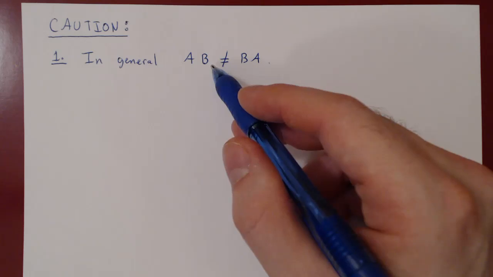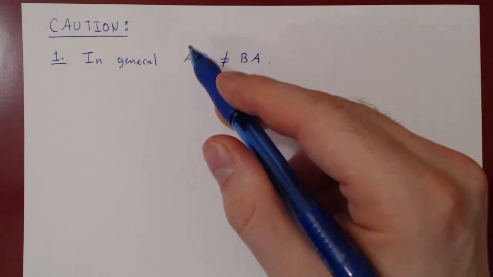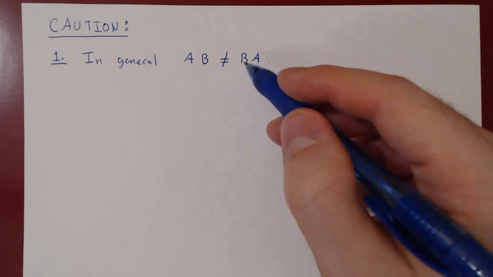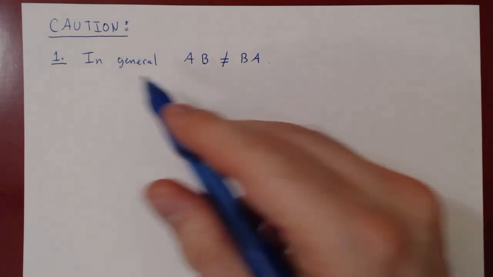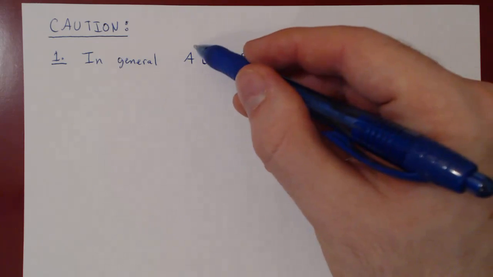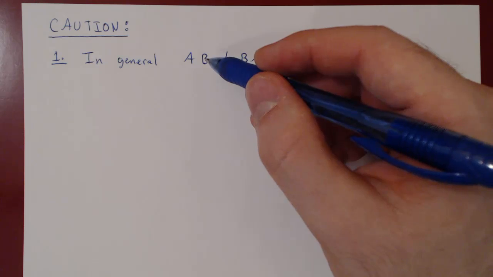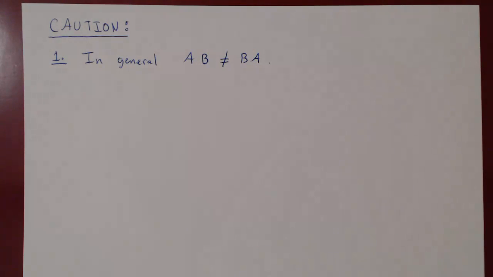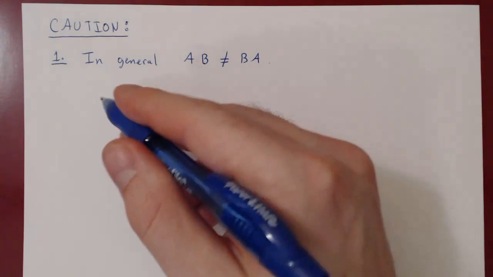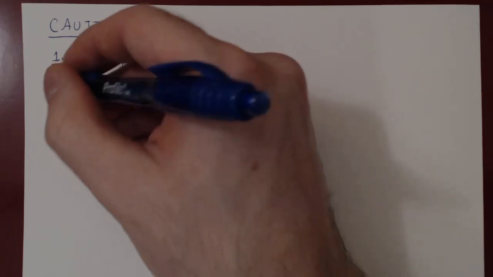Clearly, if A equals B and B equals A, this is obvious because we'll have A times A is A squared, A times A is A squared, so clearly A squared equals A squared. But in general, if you take an arbitrary matrix A and an arbitrary matrix B, where the product is defined, AB and BA will not be the same. We'll give an example in a few seconds.